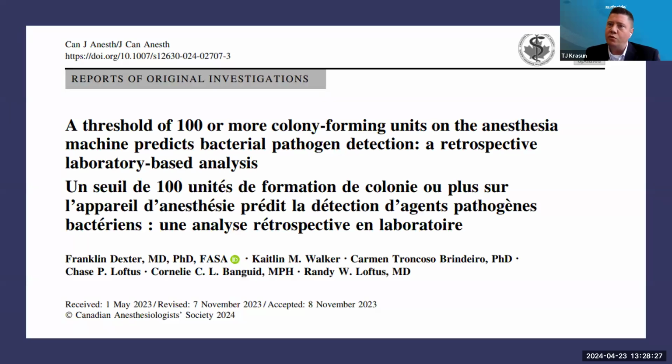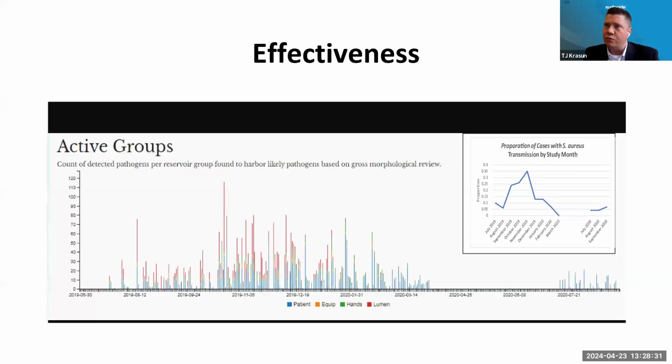From the attendees, could you, if you wouldn't mind, walk a slide back and just reshare those reservoirs that are depicted here in the active groups? Yes. So what we have here shown down at the bottom, you see patients, which are blue. That would be the axilla, both sides, the nares, both sides, and the groin, both sides. You see the orange, which is equipment.